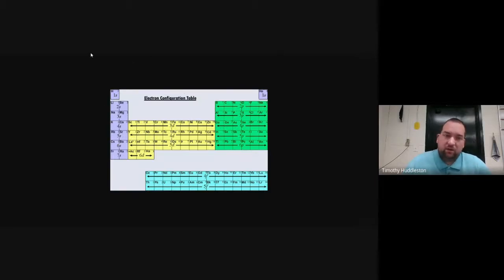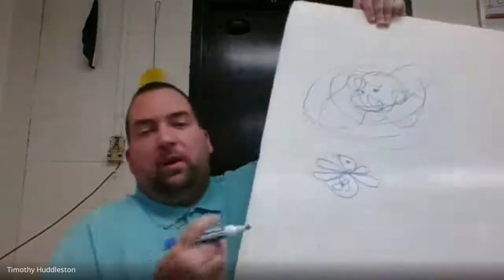Now, we're going to go through this slowly but surely. So I'll stop presenting and I'm going to go over the periodic table. First off, what is the electron configuration of H? Well, with H, I need to look at what row it's in.